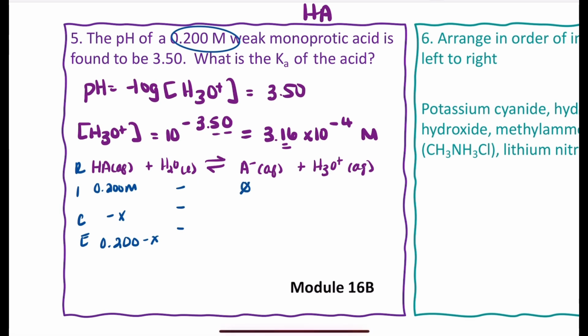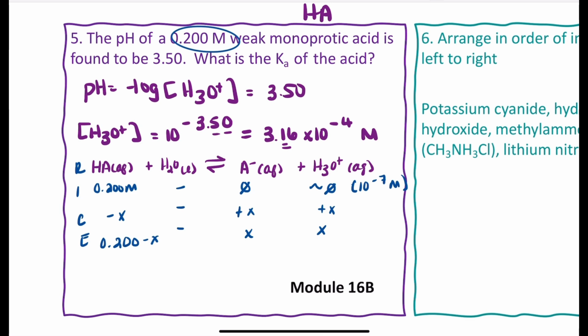I know I had no conjugate base to start, and I know that I have approximately no H3O+, because really what I have is 10 to the minus 7 molar here, which is small enough that it's insignificant. Plus x, x and x, okay?